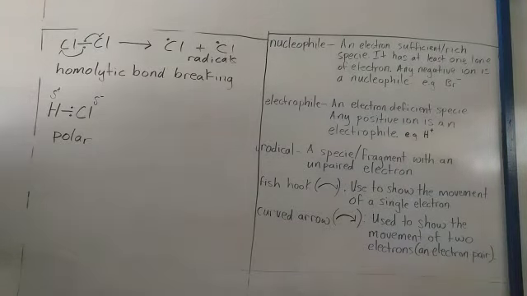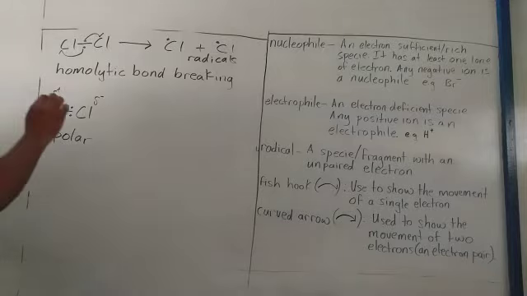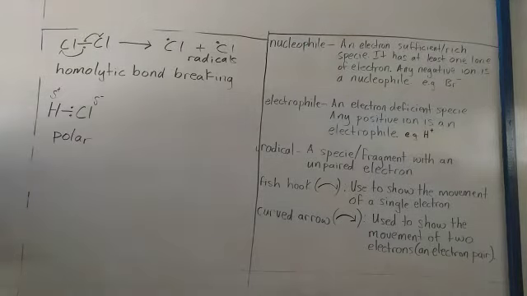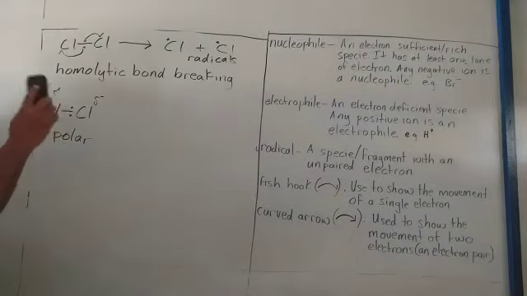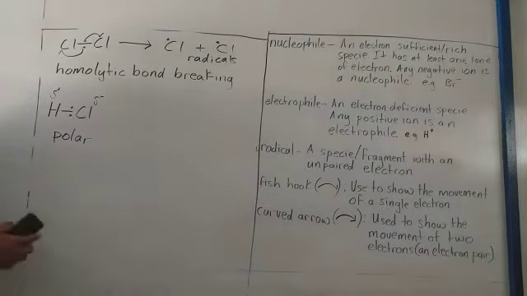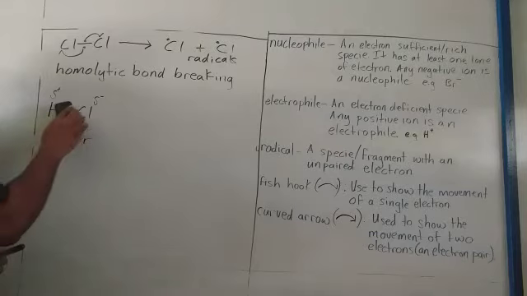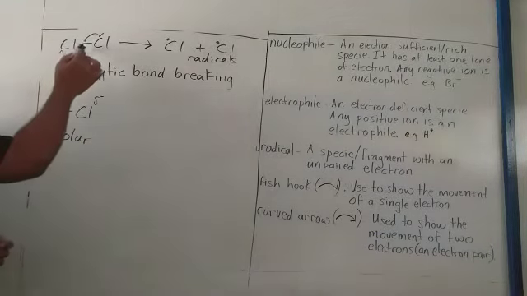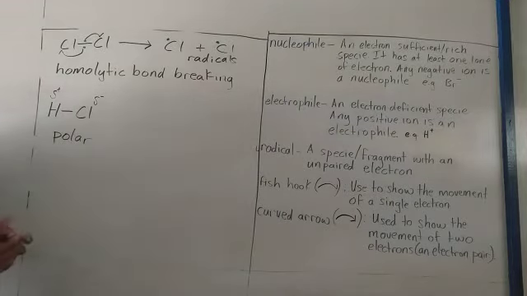Hence, this molecule is going to break heterolytically. Right? That means both electrons will go to the chlorine. Now, on the exam, or when you're working the question, these electrons will not be there. But remember, I put them there just for explanation purposes.